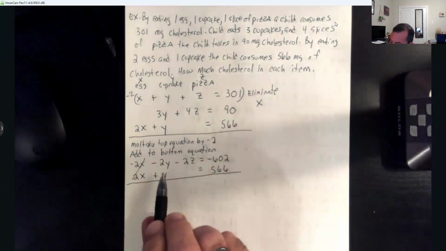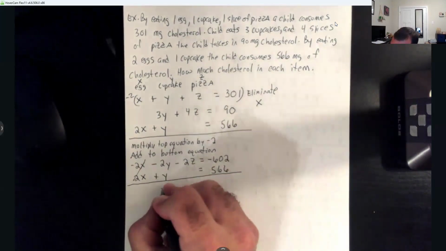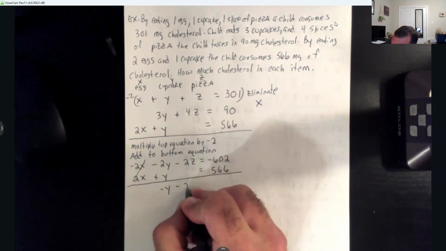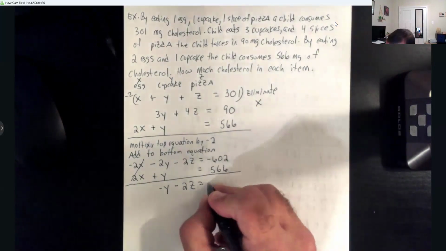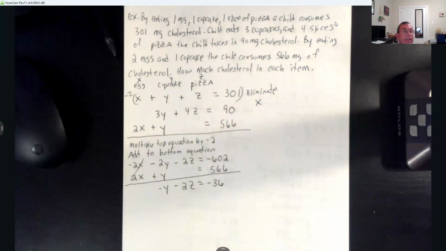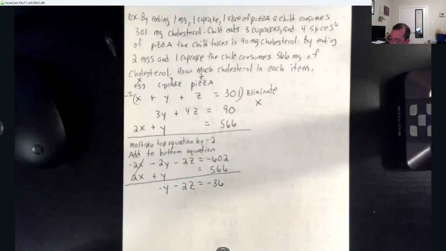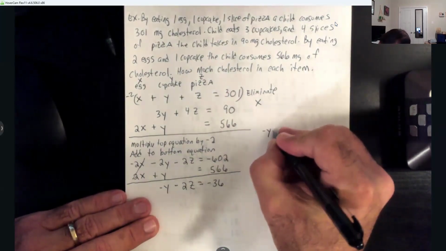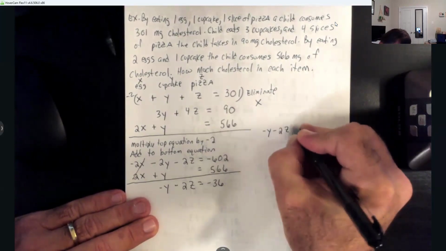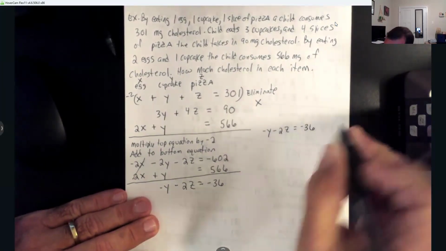The x's are going to cancel. -2 and 1 makes that a -y minus 2z. So y'all, let me see, what is that? -602 plus 566 is what, a -36. All right, so that's the first of my new equations. -y minus 2z equals -36.